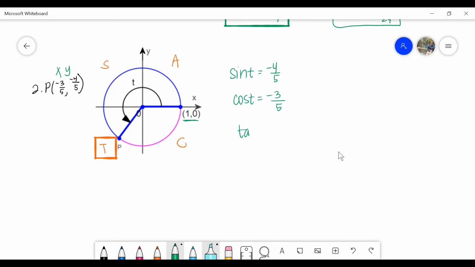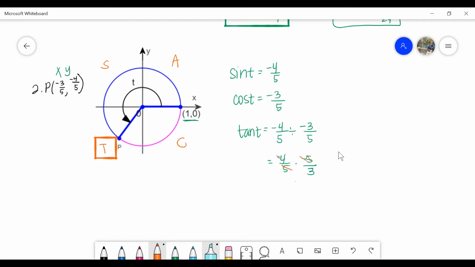And then you have tangent t, and that's the sine value, -4/5, divided by your cosine value, -3/5. So this is 4/5 times 5/3. Don't want to lose my negatives there. Those 5s are going to cancel, and the negatives are going to cancel.